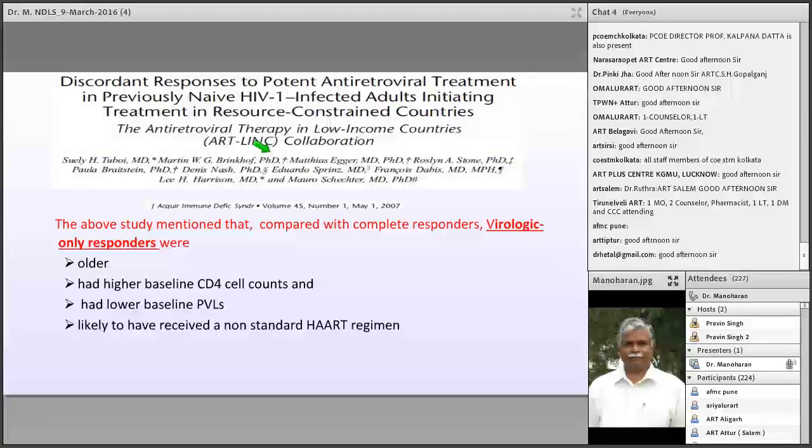And another study again talks about the discordant responses, especially immunological non-response. They were older, they had higher baseline CD4 cell counts, lower baseline plasma viral load, and were likely to have received a non-standard HAART regimen. So in this particular study, these are the reasons quoted for poor immunological response.